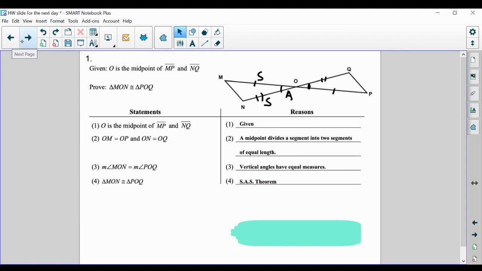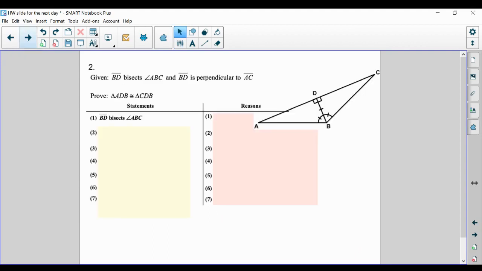Okay, now let's do number 2. Once again, first we need to label the picture. I already labeled it for you. Let's check if my labeling is correct. BD bisects angle ABC, which means cutting the angle in half. So you see that I'm labeling these two angles as congruent.